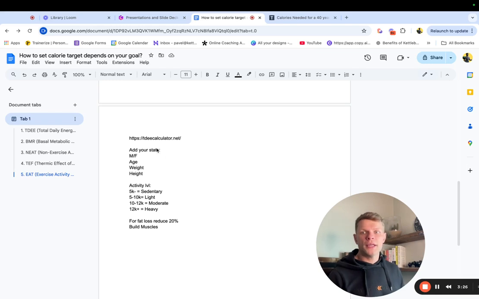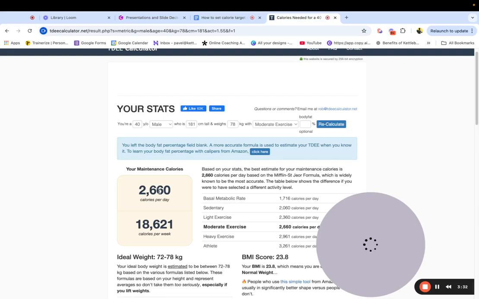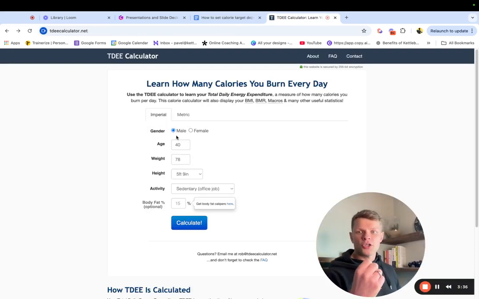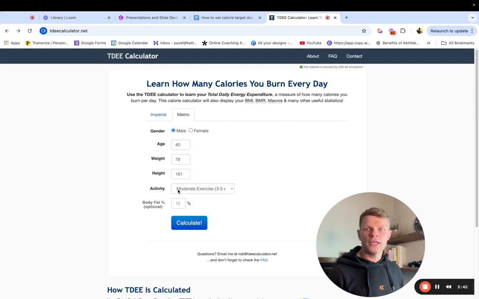How to find it is go online and Google TDEE calculator, and that's the website we're going into. Here we just need to put in gender, age, weight, height, and fill this in.